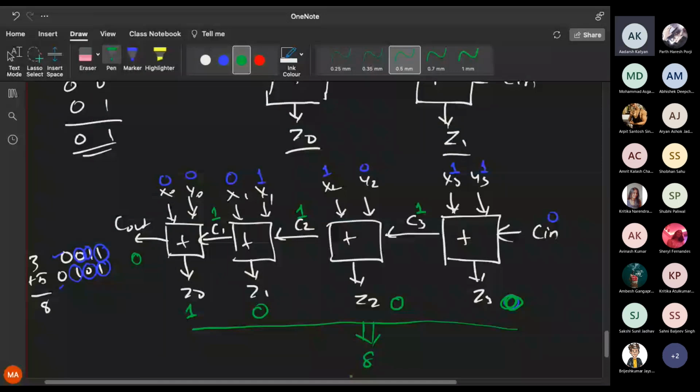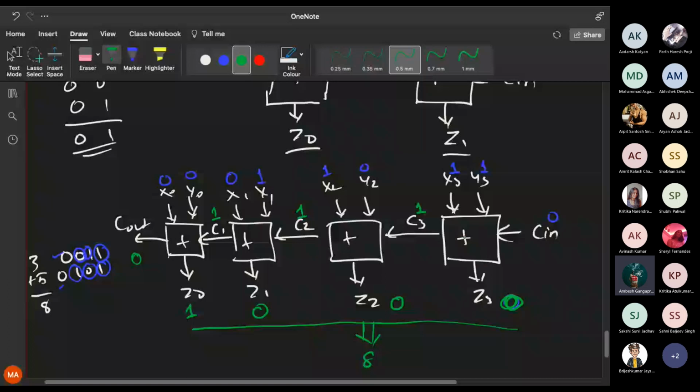So sir, if I want to add 4-bit numbers, I'll require 4 adders. If I want to add 8-bit numbers, how many adders will be required? 8 adders. If I want to add 16-bit numbers, how many adders are required? 16 adders.